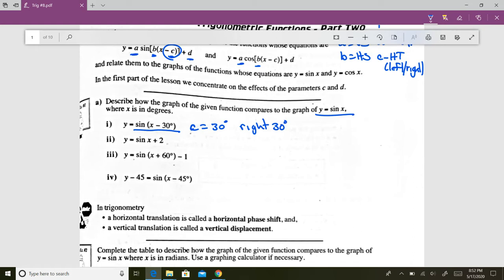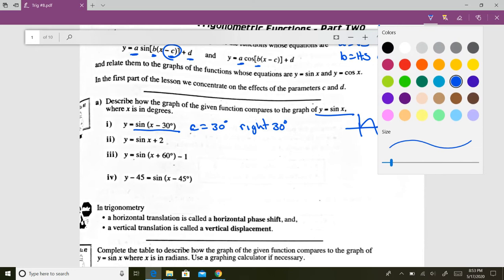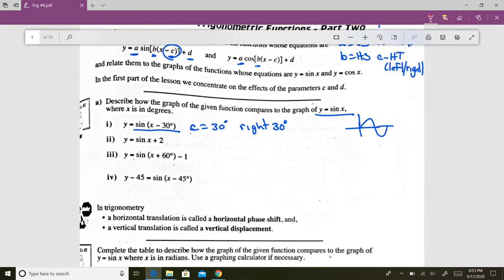We took our sine graph and shifted it right, and hopefully you remember what the sine graph looks like. That is sine. We shifted it right 30 degrees. This is not by any means an accurate sketch, so it would look like that. And that would be 30. Etc. And this would be, if that's 360 plus 30, that would be 390.